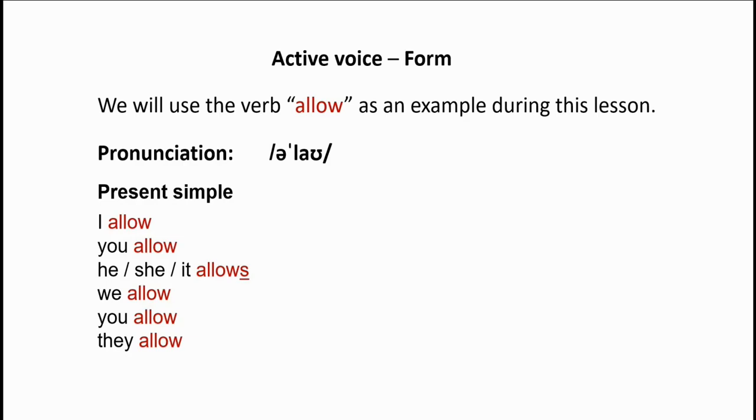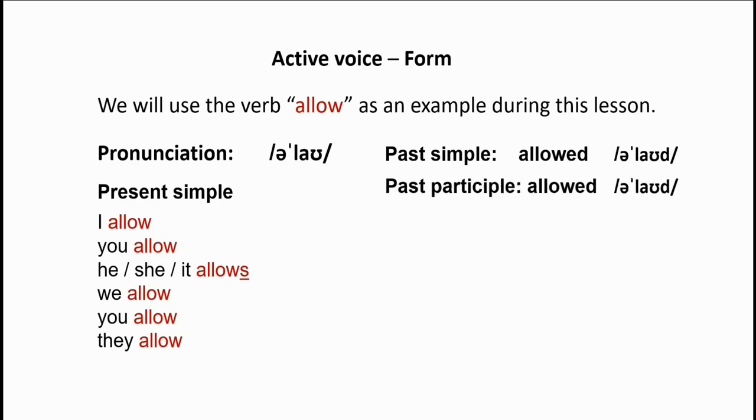So very simple. The past simple is allowed, and the past participle is also allowed. So when a verb is regular, often the past simple and past participle are the same.